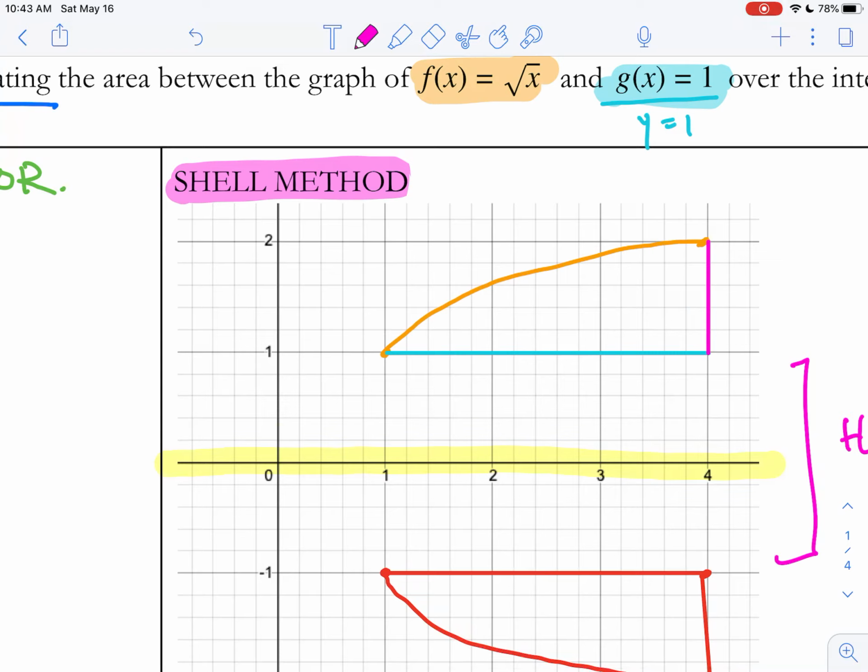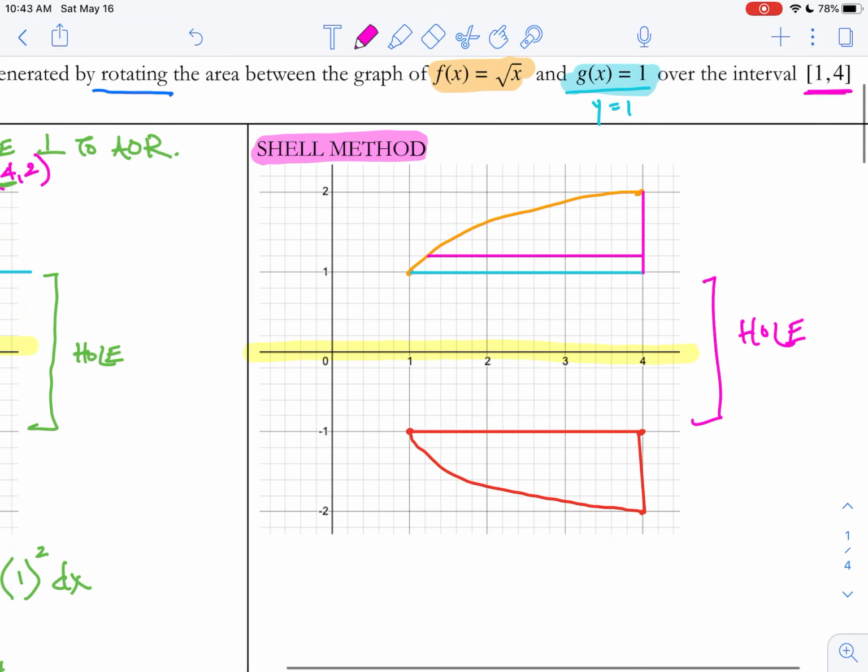So for example, I might have a line like this. Now that pink line is parallel to the yellow line. But here's what that represents. That line and its reflection down here are the height of the shell or the cylinder.